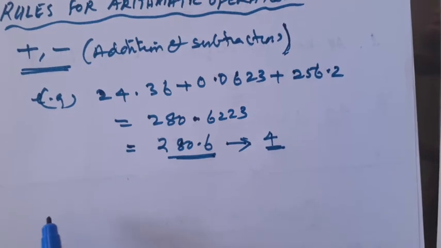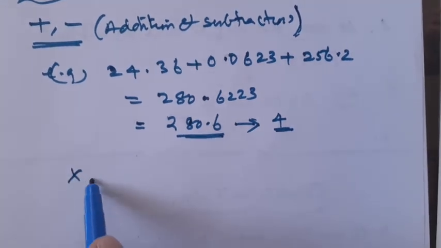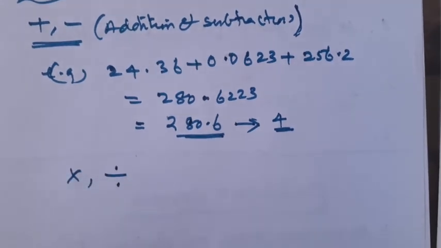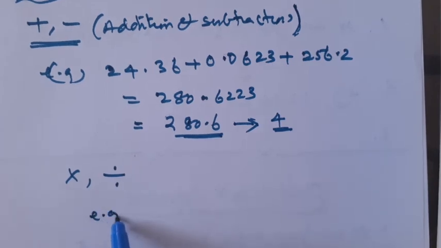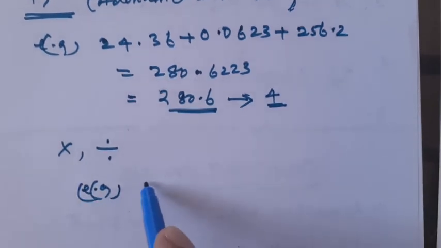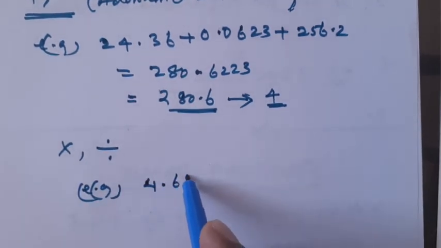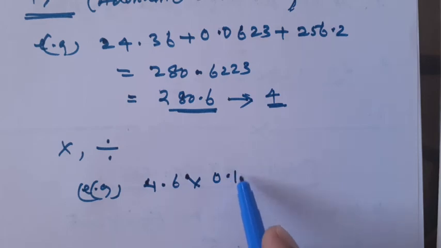Now multiplication and division. For multiplication and division, the final result should retain as many significant figures as there are in the original number with the least significant figures, right? For example, 4.6 into 0.128.